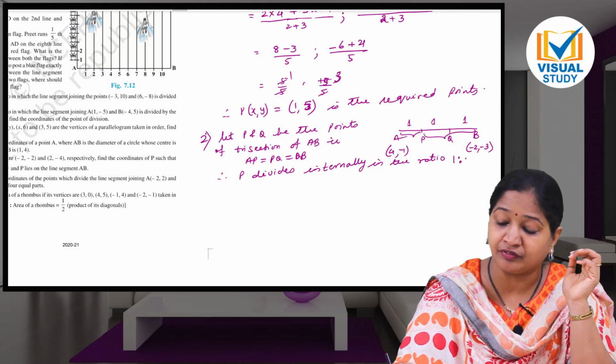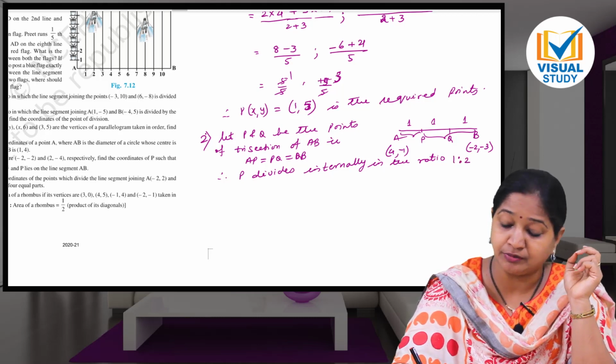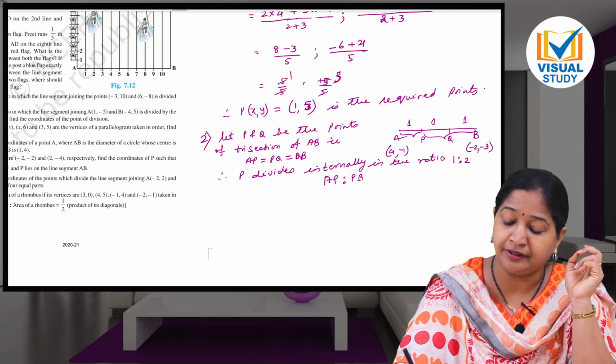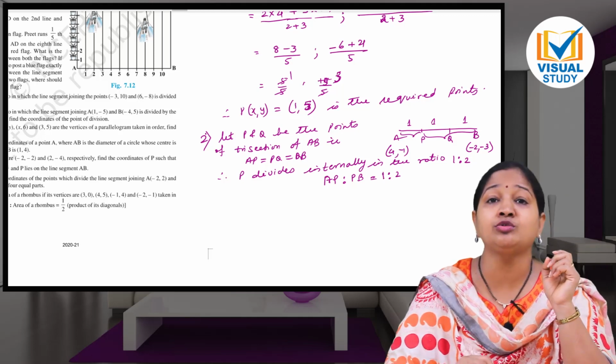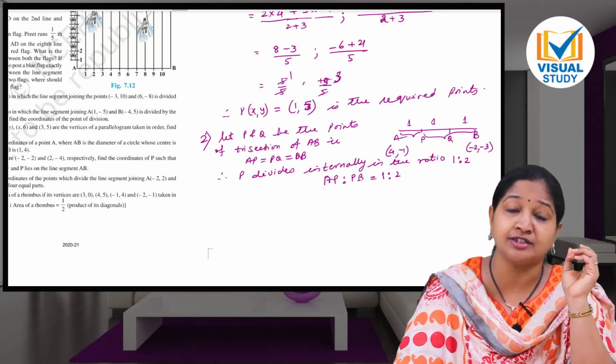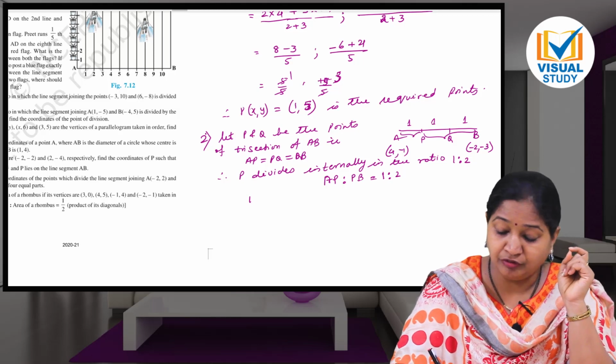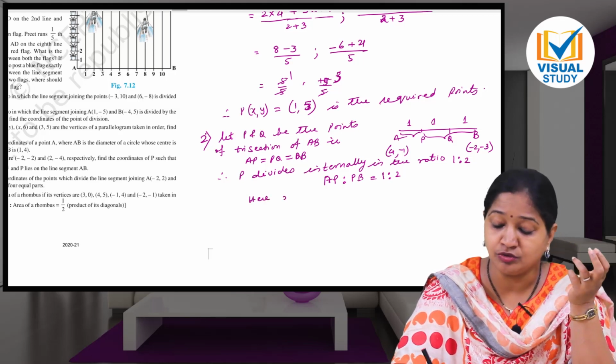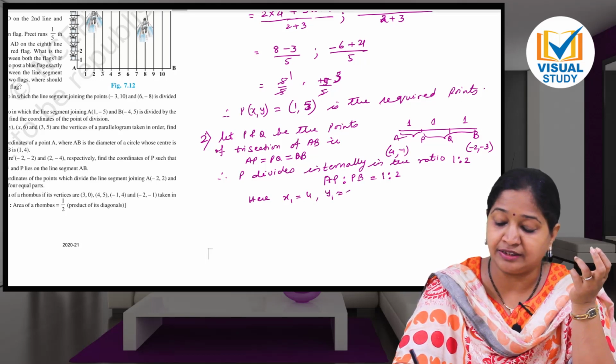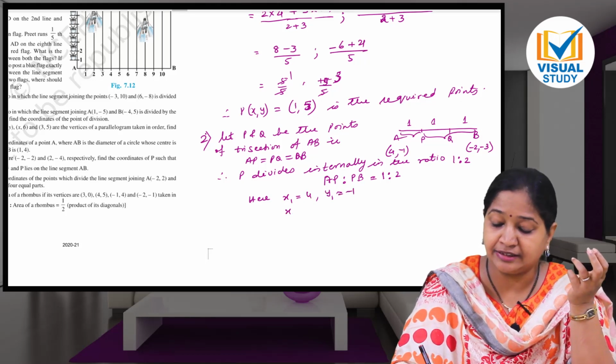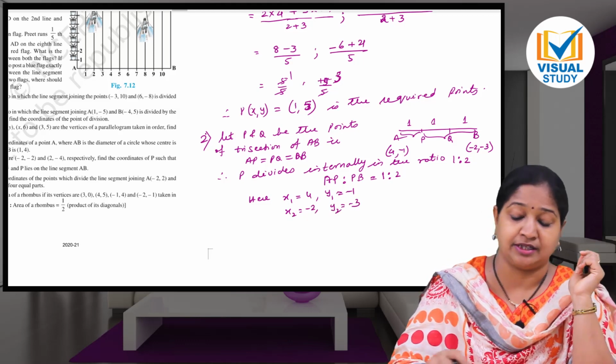So your ratio becomes AP is to PB, that is equal to 1:2. Now here, what is your x1, x2? x1 is 4, y1 is equal to -1, x2 is -2, y2 is -3.